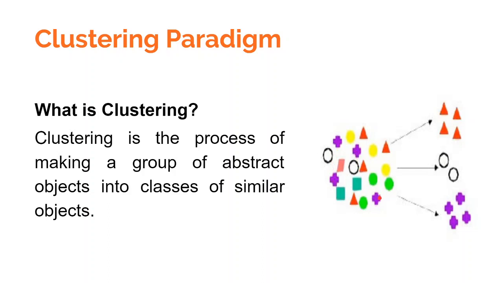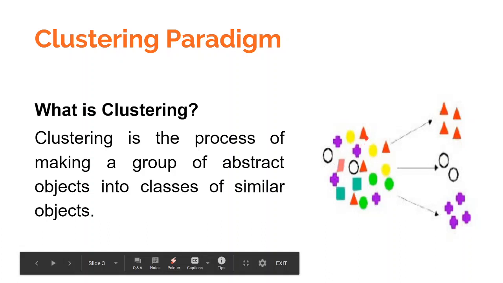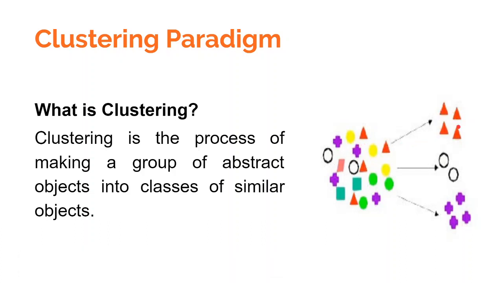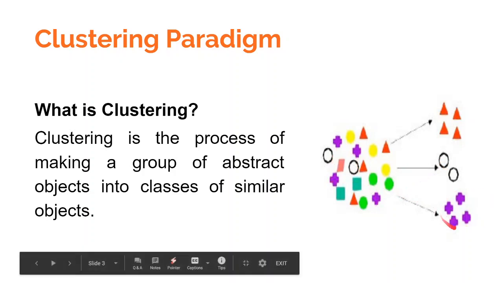So for the extraction of desired data, we need to arrange them in different clusters. Like here, triangle shaped data are arranged in one cluster, circle shaped data in another cluster, and plus shaped data are arranged together in another different cluster.